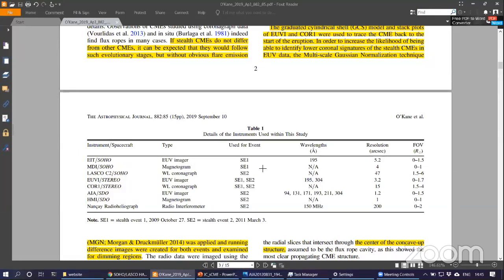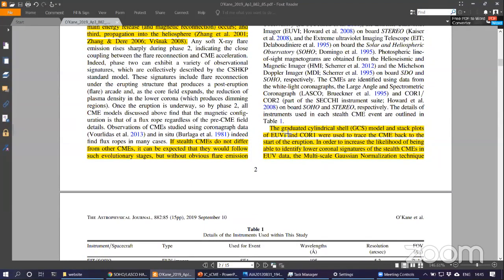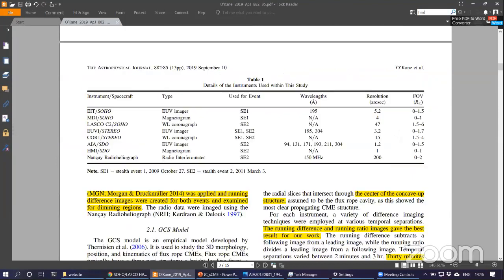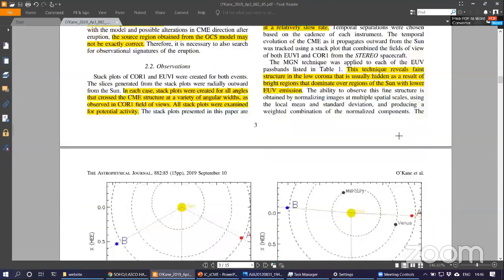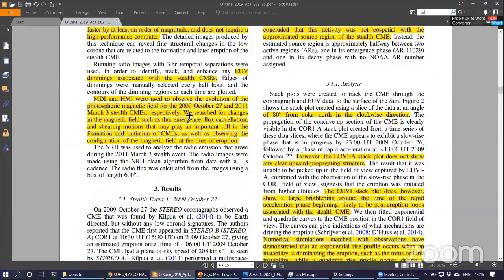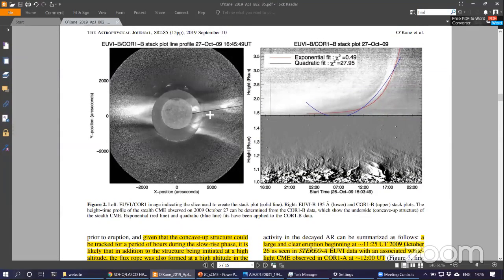They have also mentioned the wavelengths of the UV which they have used along with the other properties. In these images, they have used something called the graduated cylindrical shell model and stack plots. The stack plot is basically for a particular location, so I'll show you an example. At this particular angle, they have stacked all the heights with time, and you get something like this on the right.